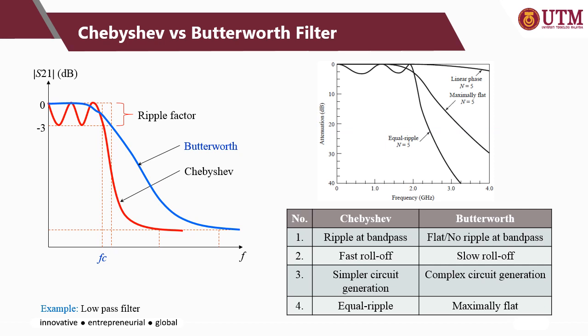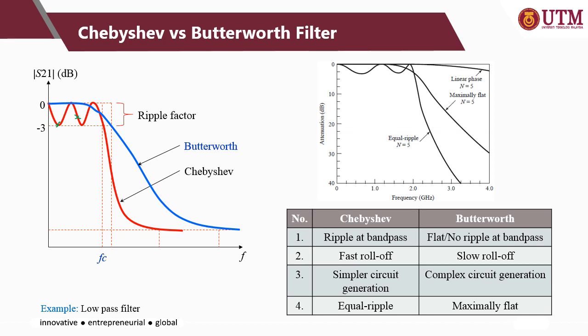The red lines represent the Chebyshev filter response, while the blue lines represent the Butterworth filter response. The characteristics of the Chebyshev and Butterworth are listed in the table.